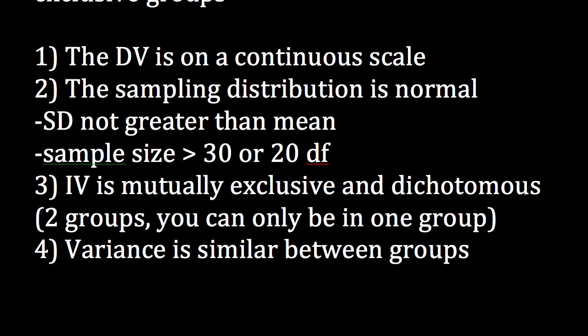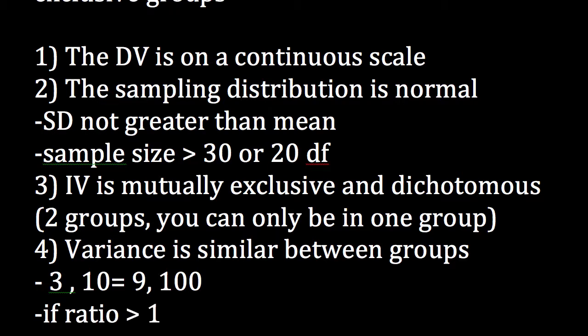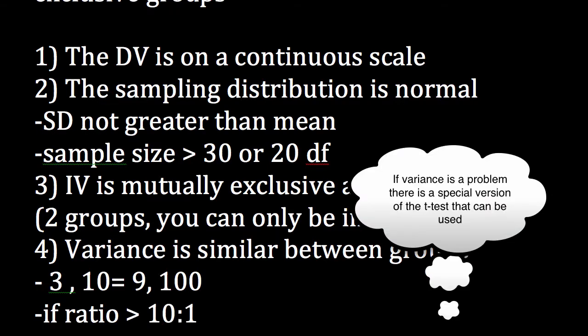So for example, if we found a standard deviation between two groups of, one group had a standard deviation of 3 and the other one had a standard deviation of 10, we would square each one of these numbers. So that would give us 9 and 100. Now we would want to take the ratio of the variance, and if the ratio is greater than 10 to 1, the variances are going to be different.